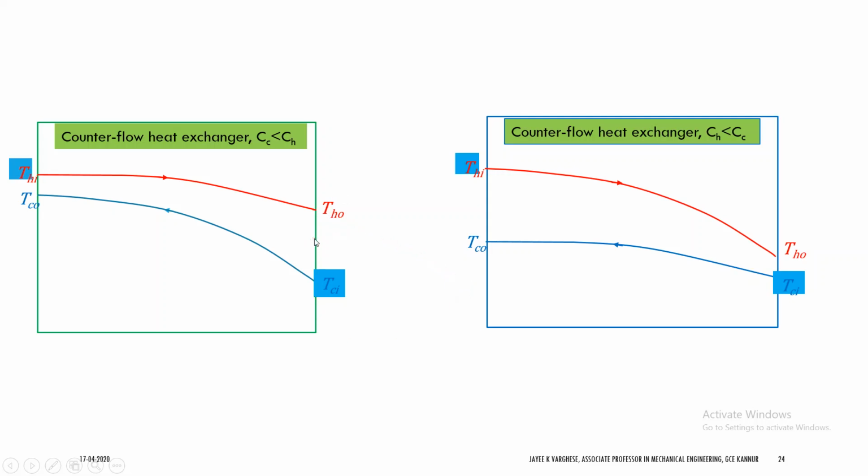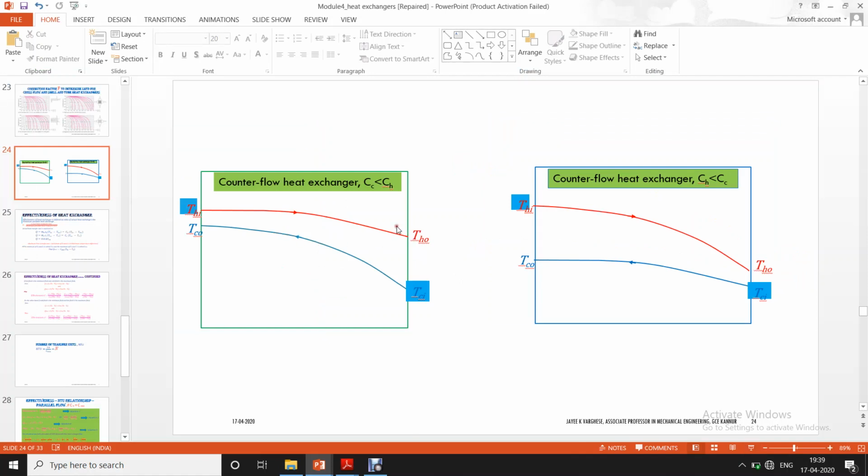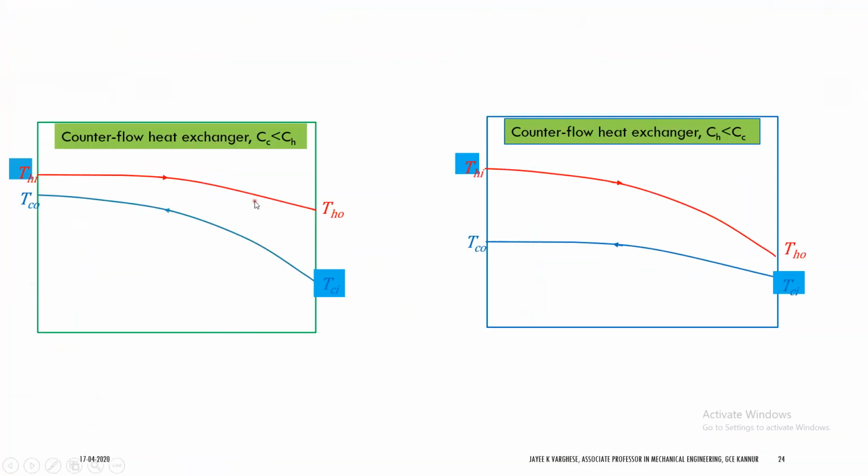We should probably elongate this graph such that this THO will be a smaller value, and similarly THI will be introduced here, and the THI will increase further like this.